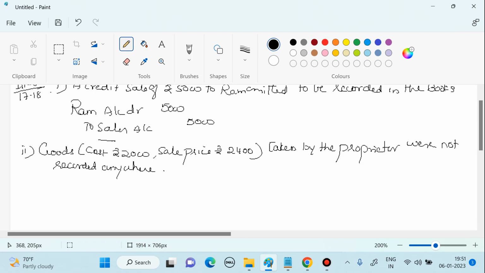So to record it, what would be the entry when goods are withdrawn for personal use by the proprietor? And cost is 2,000, sale price is 2,400. We need to take cost price here, no? Correct. We should not take the sale price. So drawings to purchases. Drawings account debit 2,000 to purchases account.